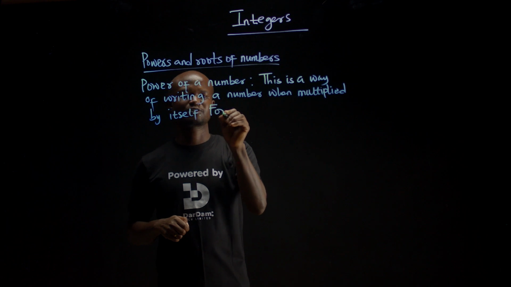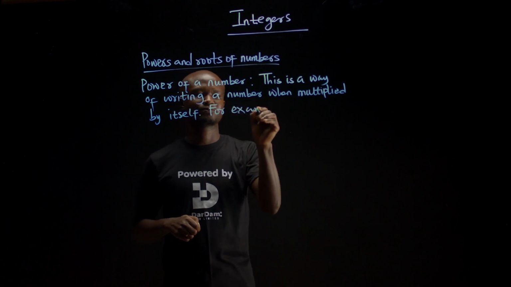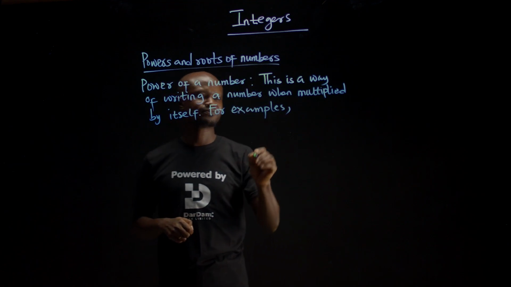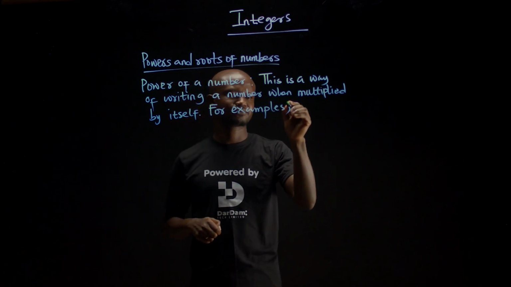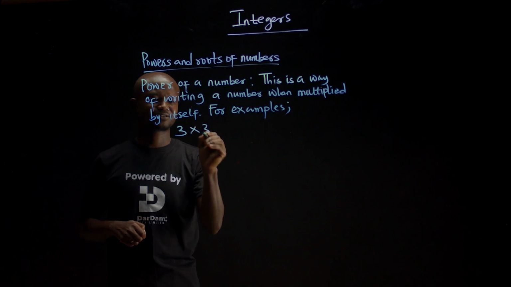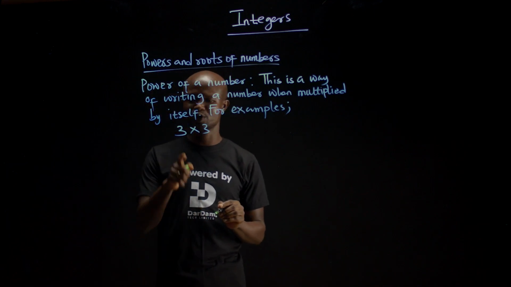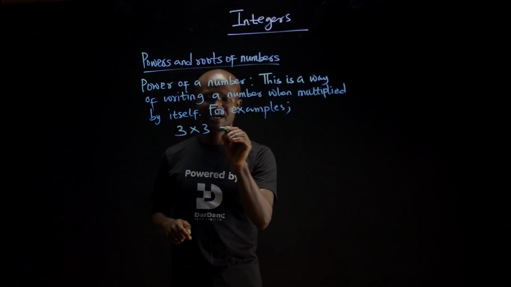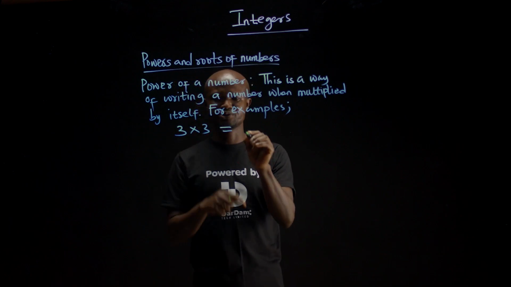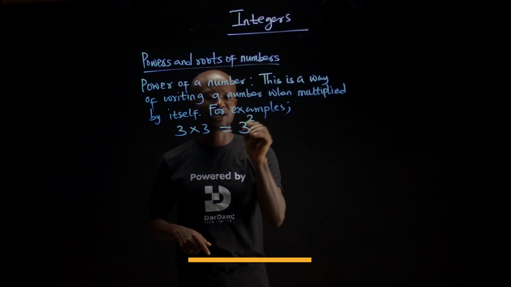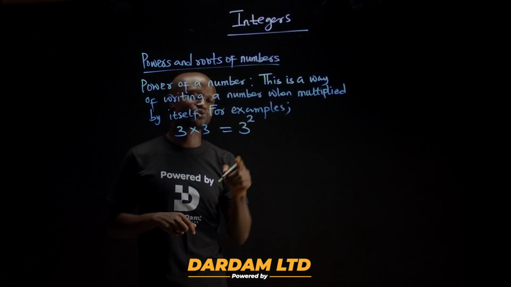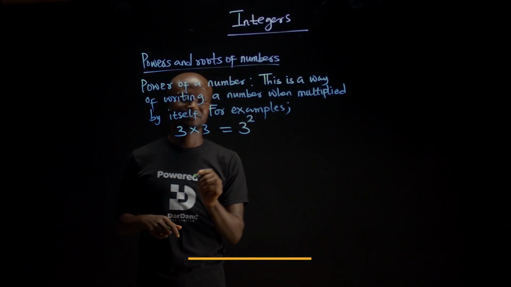For examples, we can have 3 times 3. 3 times 3, what do we have here? Now, how many 3 are we having here? 1, 2. So we have 3 raised to the power of 2. The 2 here is the power, and it's also known as the exponent.